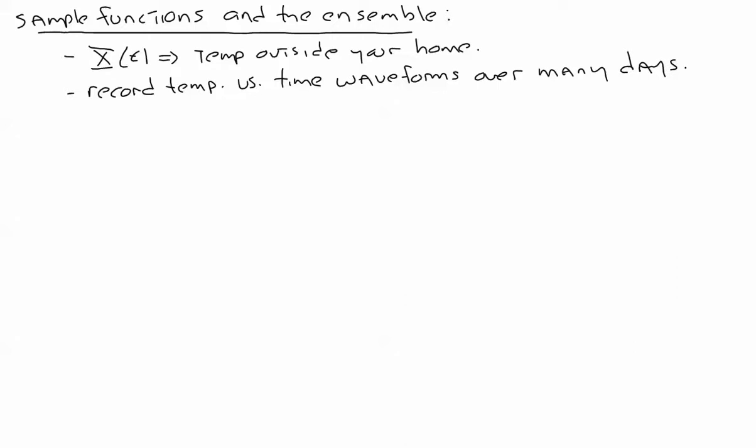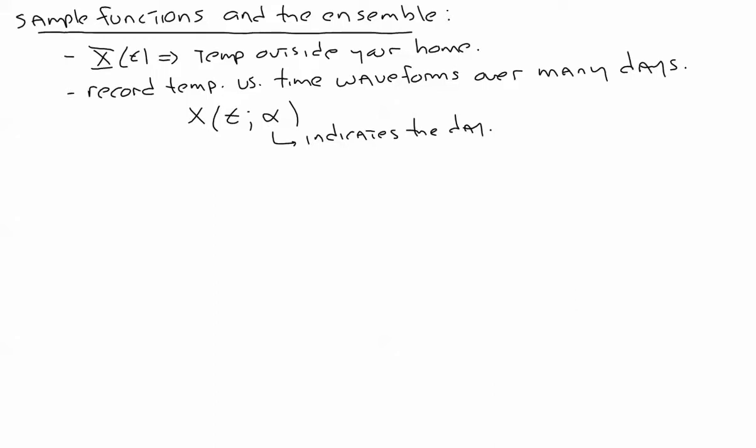These temperature versus time waveforms will be designated with a little x, and we'll put in another alpha there. For this particular discussion, let's just assume that I'm going to record temperature versus time waveforms, and I'm going to designate them in this way, little x as a function of t.